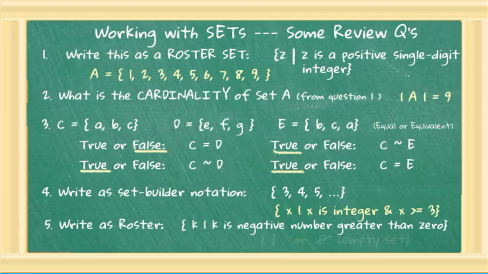There are no negative numbers that are also greater than 0, right? Okay, good. So there are 2 ways to write it. We can write the brackets of a roster set with nothing between them, or the way we learned it, the O shape with a line through it, which represents the empty set. All right, well done.